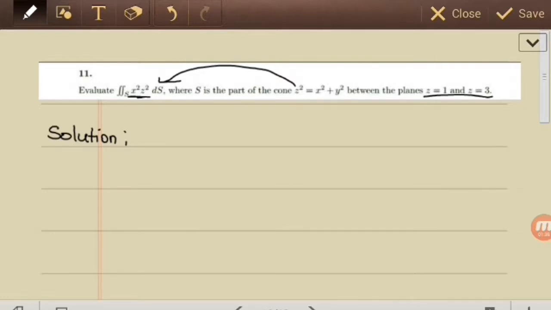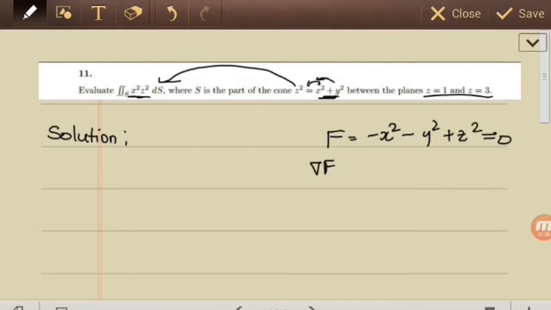So we're going to get minus x squared minus y squared plus z squared is equal to 0. Just took everything to this side.